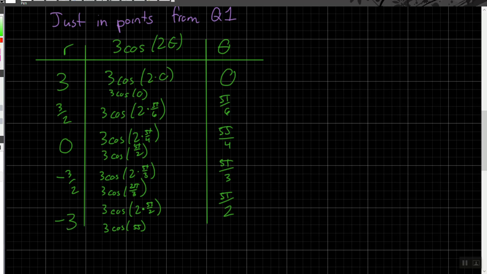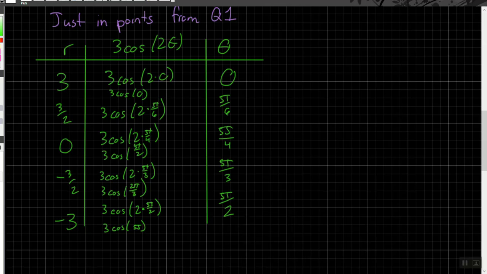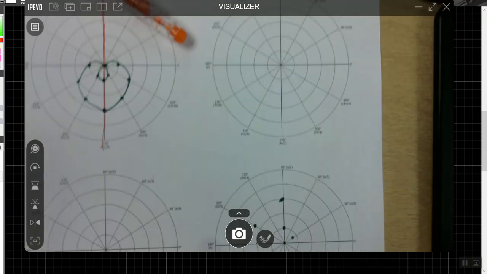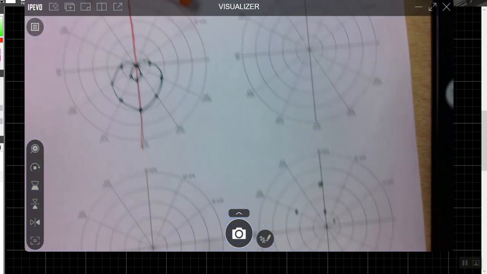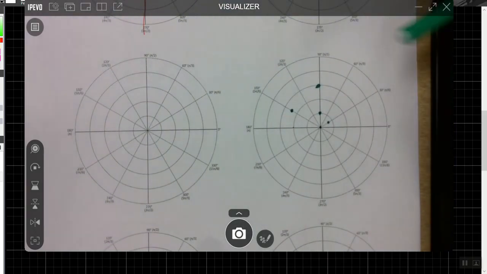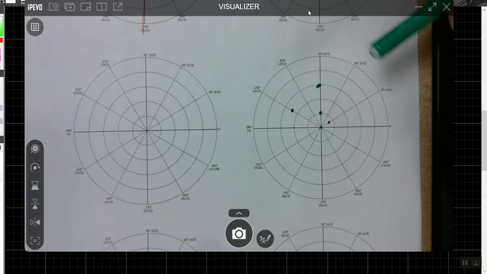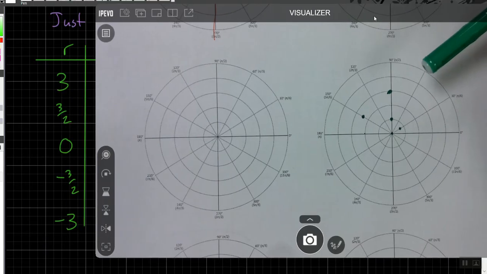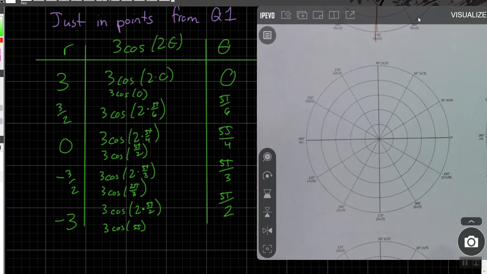So we need 3 circles. Let me draw them right here. I think it's much easier. Let me find a blank pen. Perfect.